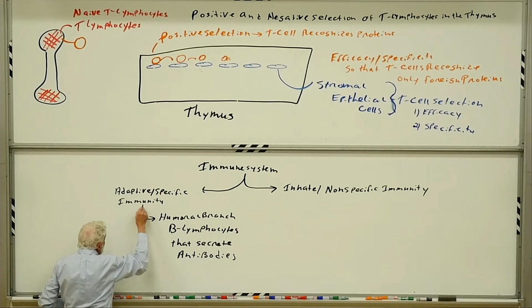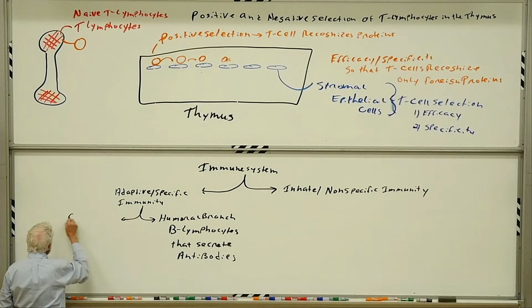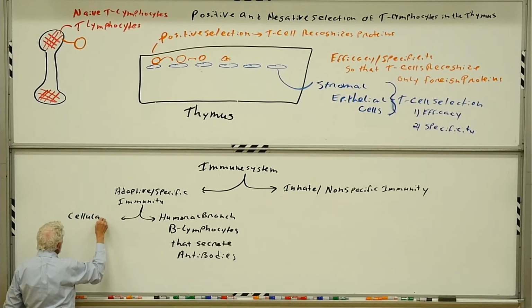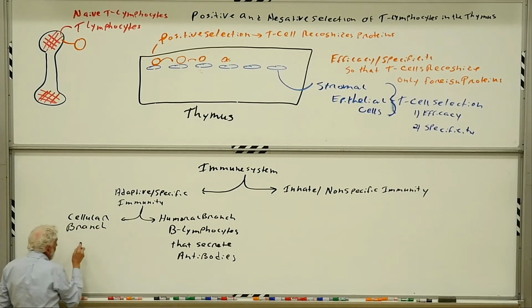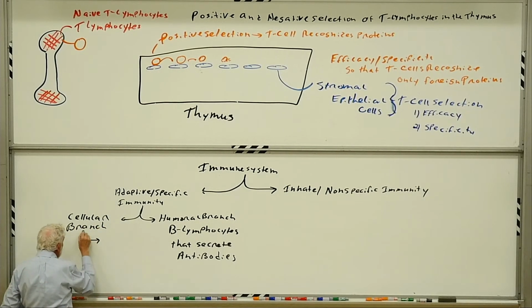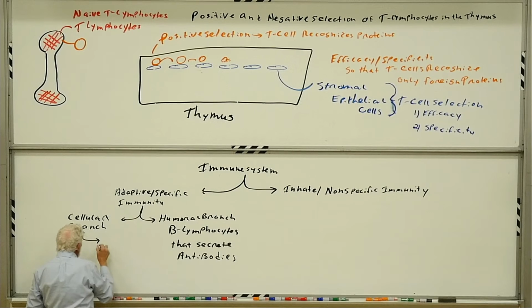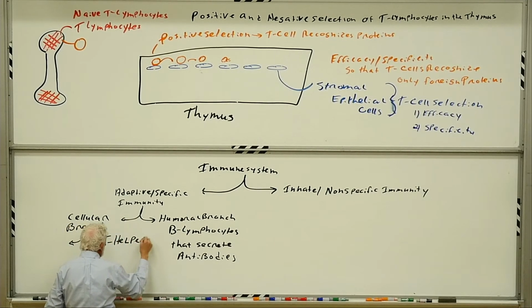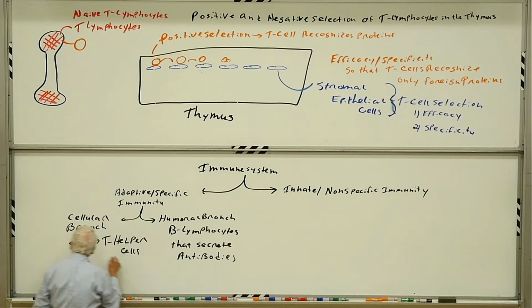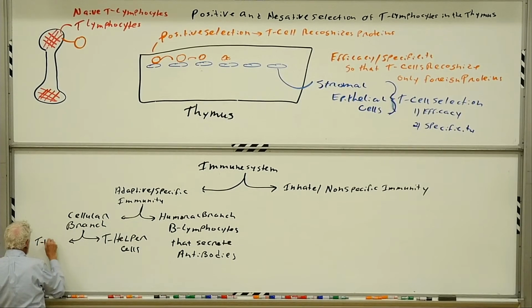The other branch here is said to be the cellular branch. And the cellular branch, too, is divided into two categories, one of which is called the T helper cells, and the other is called T killer cells.